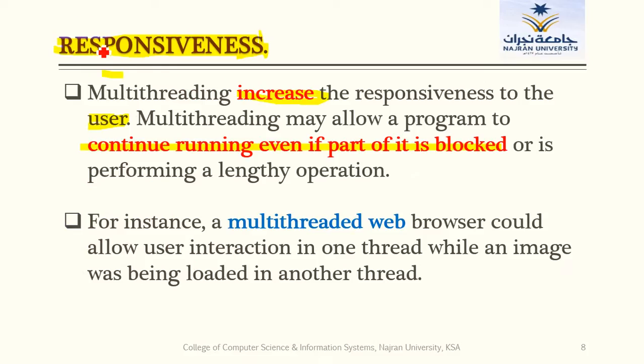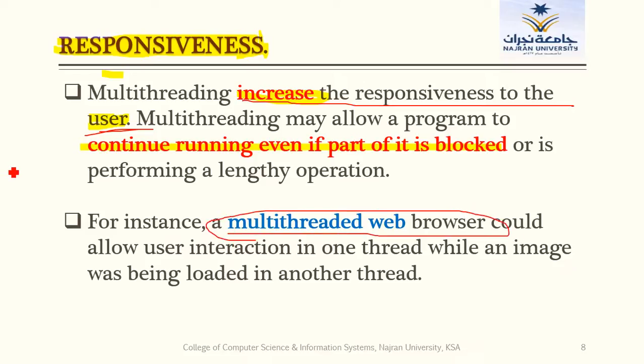If we are using multi-threaded programming, it will increase responsiveness to the user, because we have divided our process into many threads. If one thread is blocked, it will not affect the other threads. The other threads will give response to the user, only that thread will be blocked. We also discussed the multi-threaded web browser example.